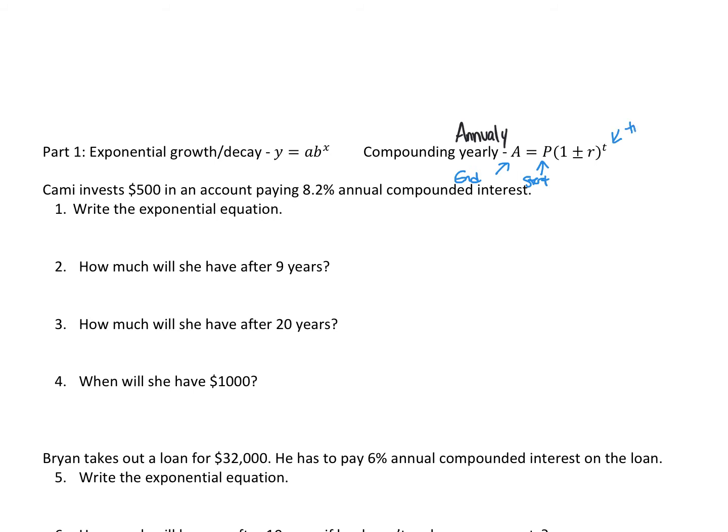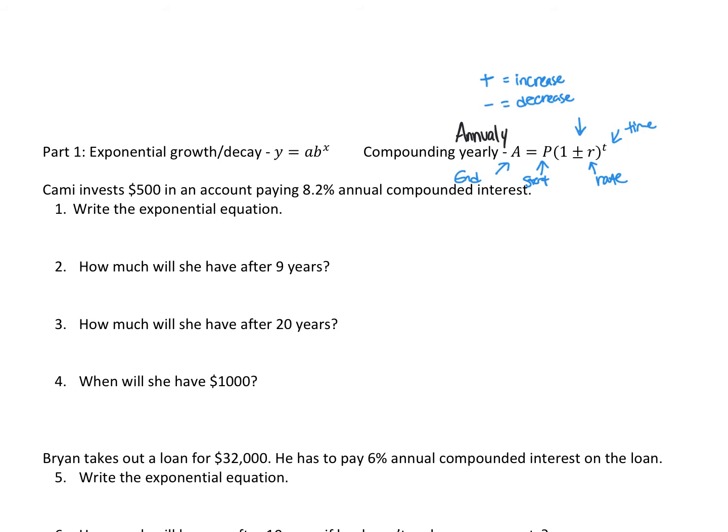T is your time, R is your rate, or the decimal of whatever percentage you have, and then this plus or minus right here, it's not always going to be plus or minus, it's either positive or negative. So if it's plus, means that there's increase or growth, and then there's minus if it's decreasing, depreciating, meaning losing value, something like that. So all of the things are still the same, just new, different letters.